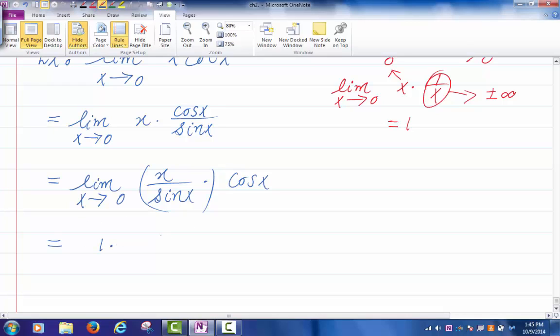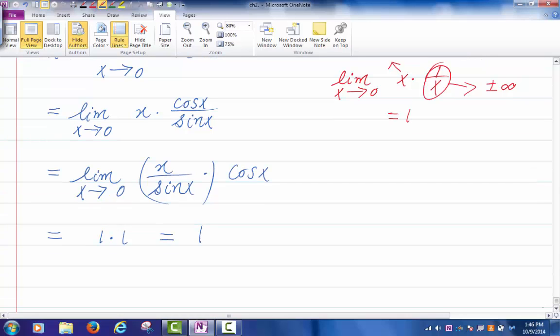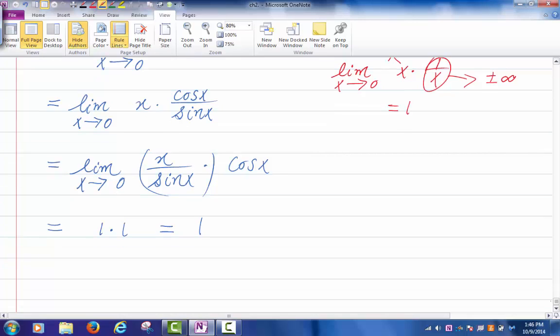The limit of cosine x is, cosine of 0 is what? 1. So this is 1, and together the limit is 1. Is everybody okay with that? So in your homework you have to compute these types of limits, and usually you have to use limit number 1 that I gave you.